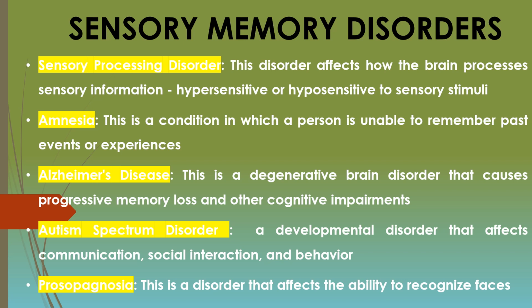Then comes autism spectrum disorder. People with autism may have sensory processing issues. It can affect their ability to process and respond to sensory input from the environment. Then comes prosopagnosia. This is a disorder that affects the ability to recognize faces.